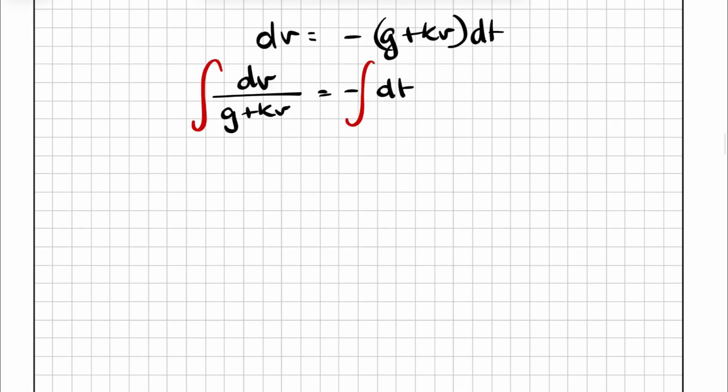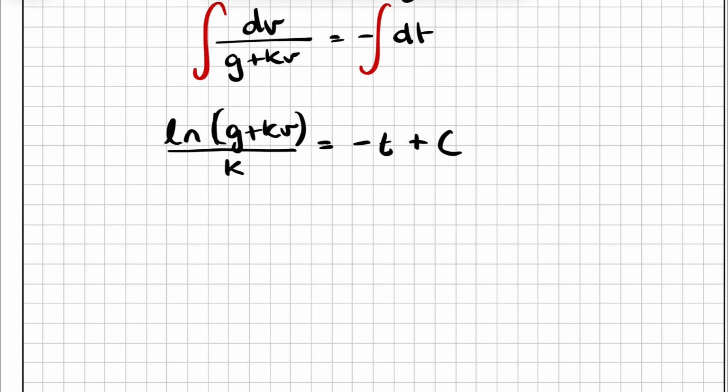If I integrate both sides, it's 1 over something, so I'm going to do ln of that. But I need to remember that if I do ln of something like this, I also have to divide by this differentiated. So I'm going to divide by: differentiate g, it disappears; differentiate kv, it just becomes k. Equals minus t plus c.